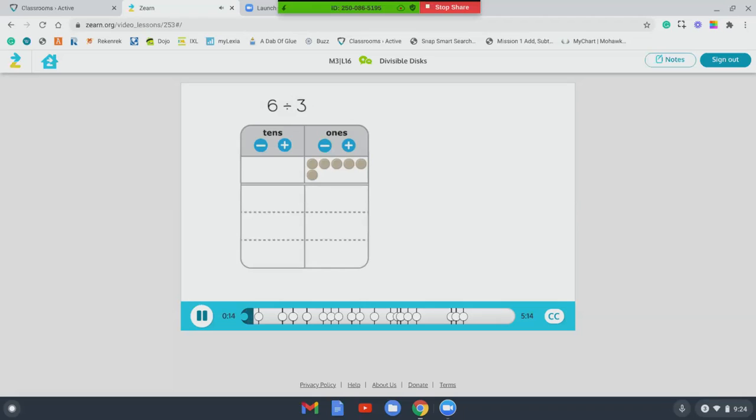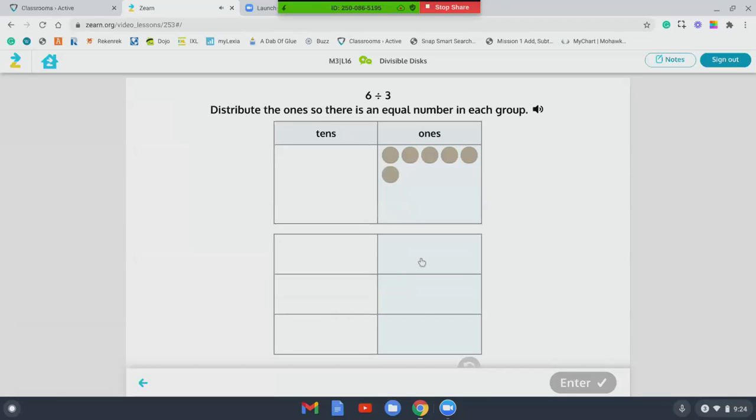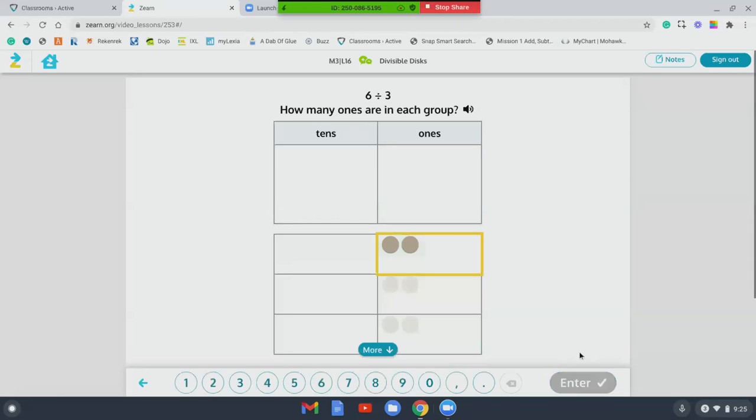First, I'll distribute the ones one at a time. Continue until all the ones are distributed. Six divided by 3.